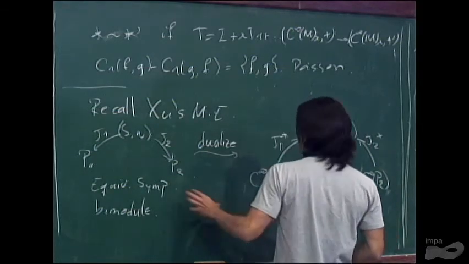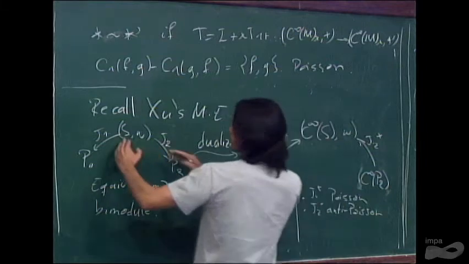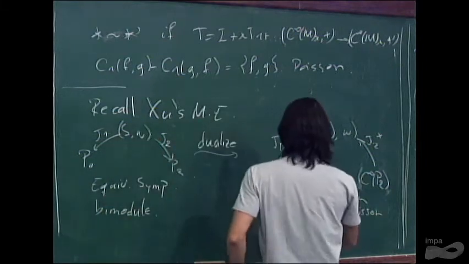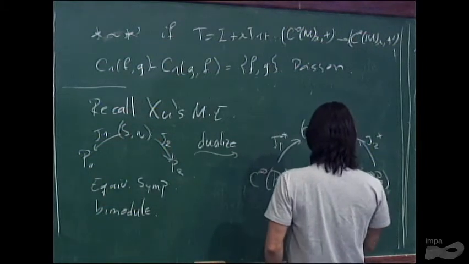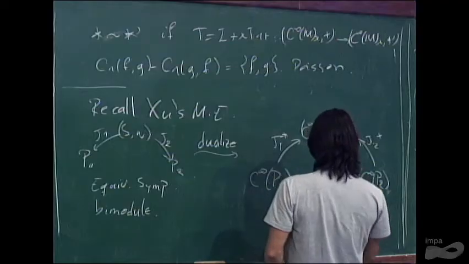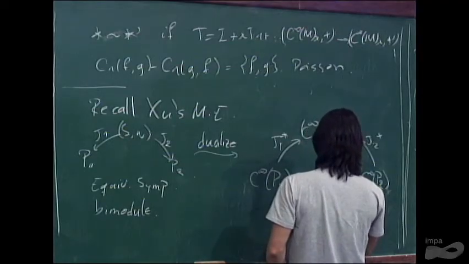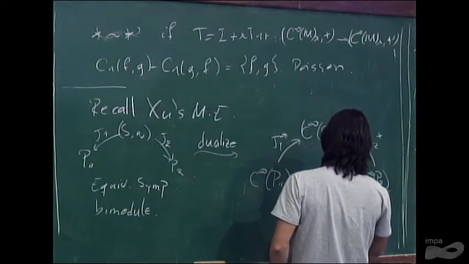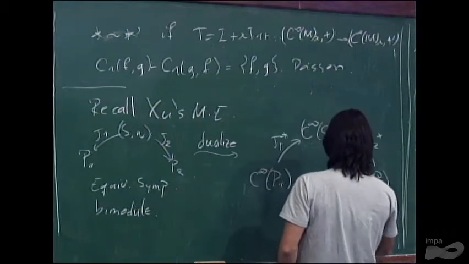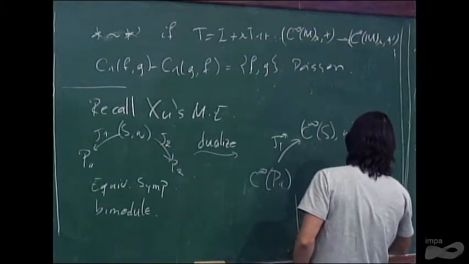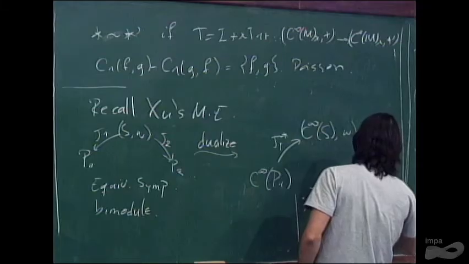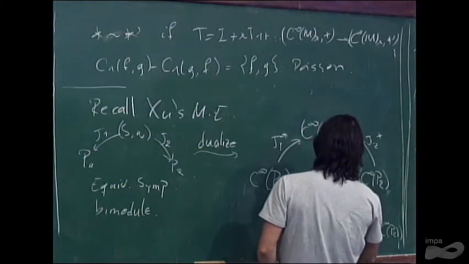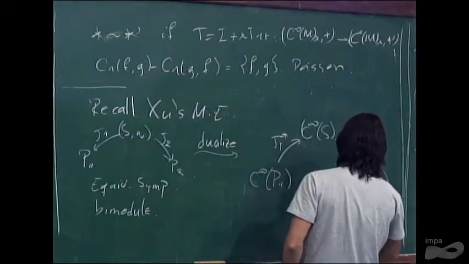And the fact that the fibers here are symplectic orthogonal is equivalent to the fact that J1 pullback of C infinity of P1 and J2 pullback of C infinity of P2 are mutual centralizers.